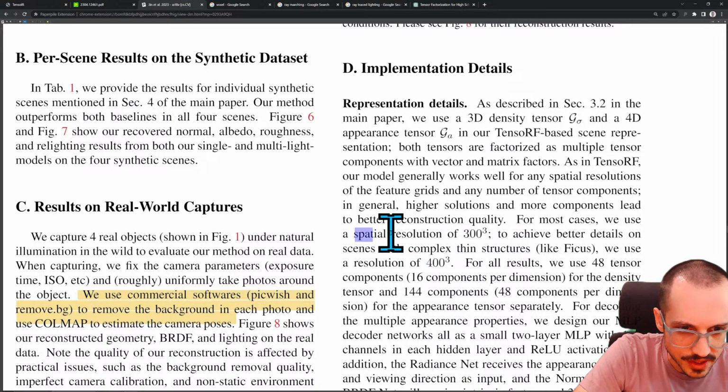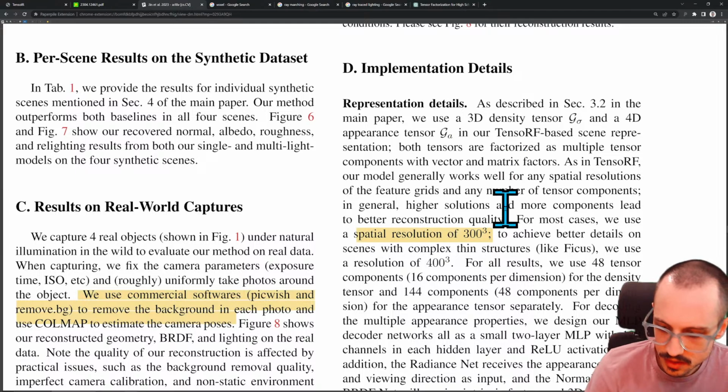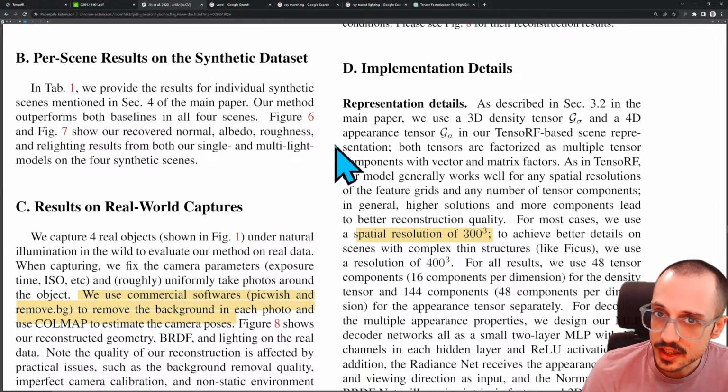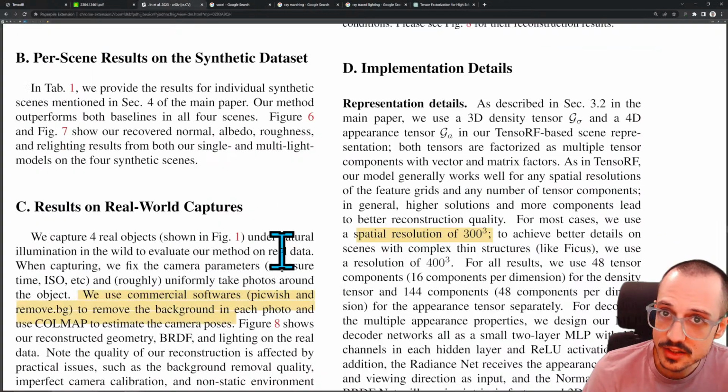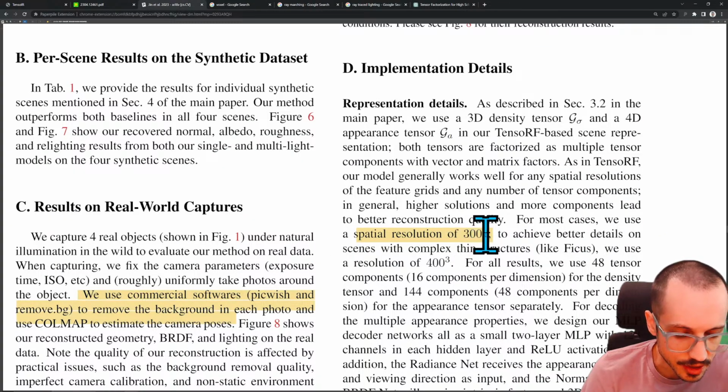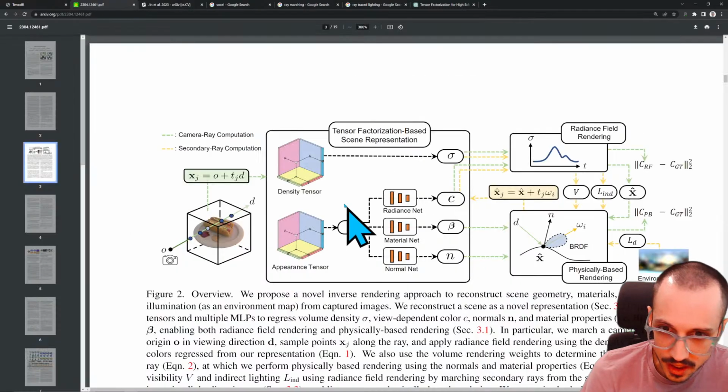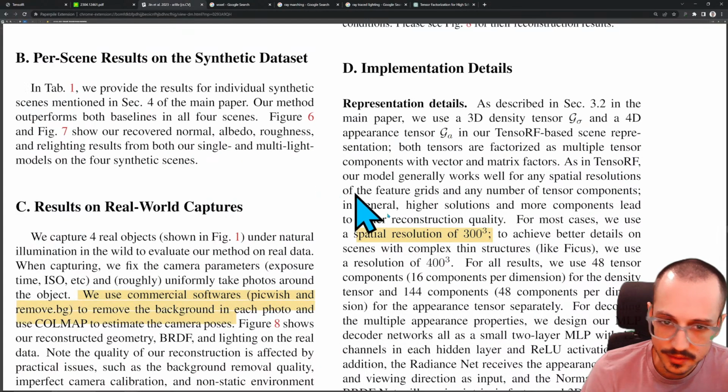Here is the actual resolution of the tensors. So here, right, we were saying, what is the resolution of the density tensor and the appearance tensor? They're telling you it's 300 to the third. So there's 300 units in each dimension.